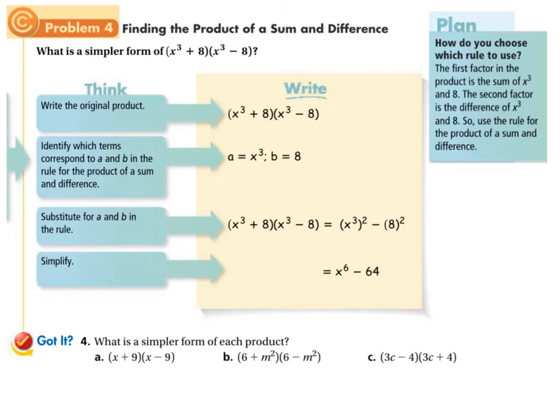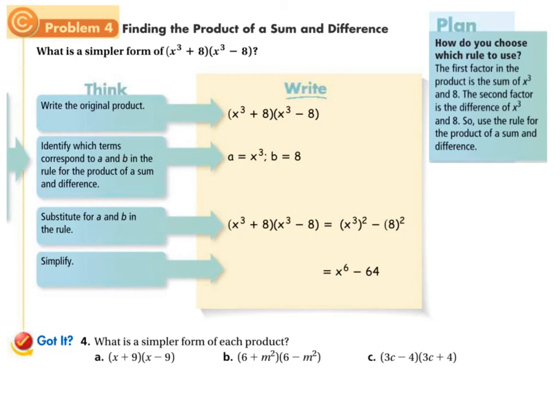Okay, we write the original product, and then we say, okay, what are the terms? We've got x cubed is the a term, and 8 is the b term, right? It's that first term and that second term. Okay? Identify which terms correspond to a and b in the rule, and then you substitute for a and b in the rule, which is a squared minus b squared. So you take this and you square it.